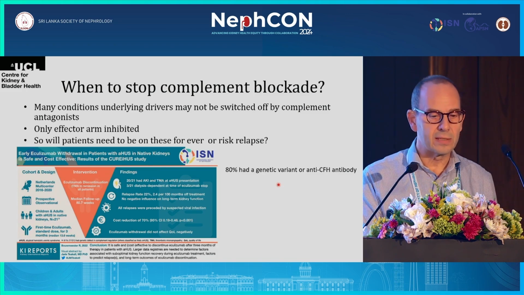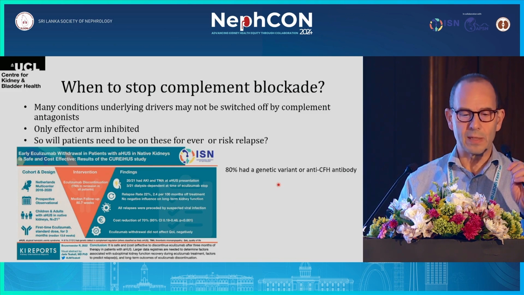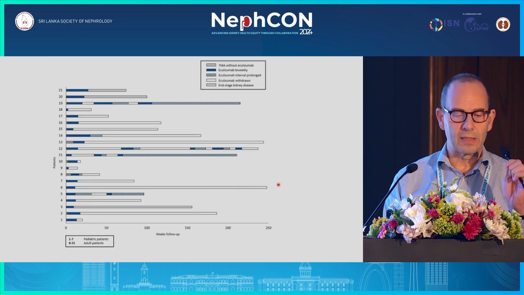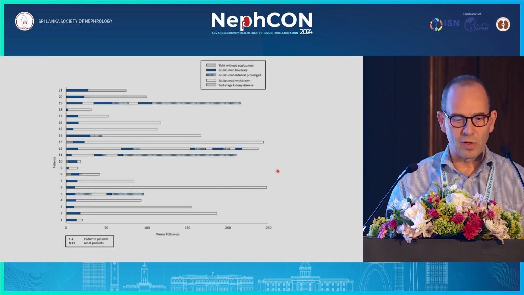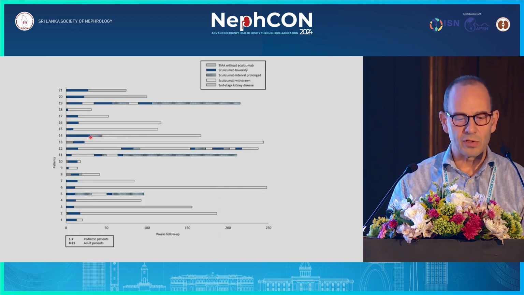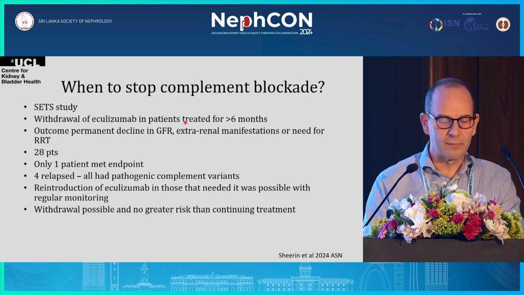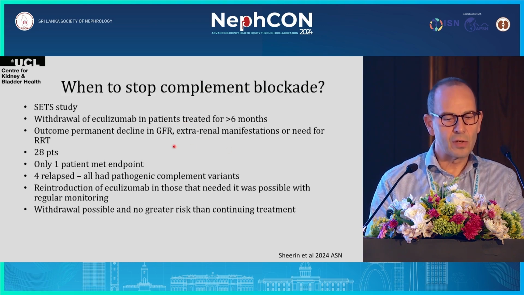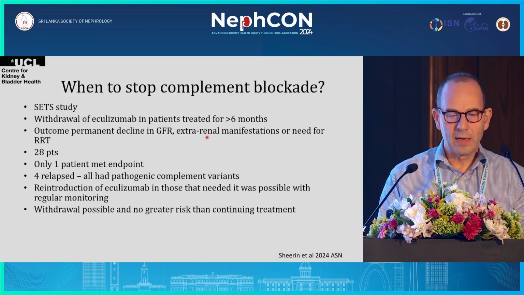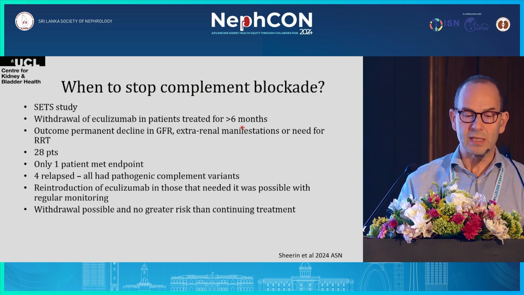More recently this year, the UK group led by Neil Sheerin, and these are the data from the trials, showed that there are some people who, when you stop, in the white bars, can have a prolonged period off eculizumab without having disease relapse. Neil Sheerin's group has shown, this is from the ASN of this year, that you can withdraw eculizumab in patients who've been on it for more than 6 months.